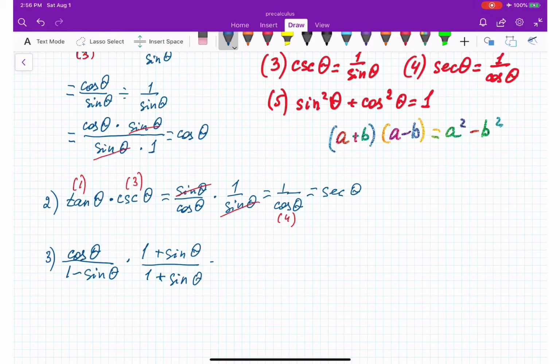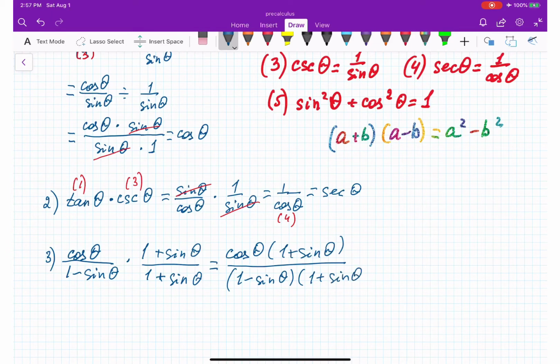So first, cosine theta times 1 plus sine theta, and 1 minus sine theta times 1 plus sine theta. Okay, let's multiply.